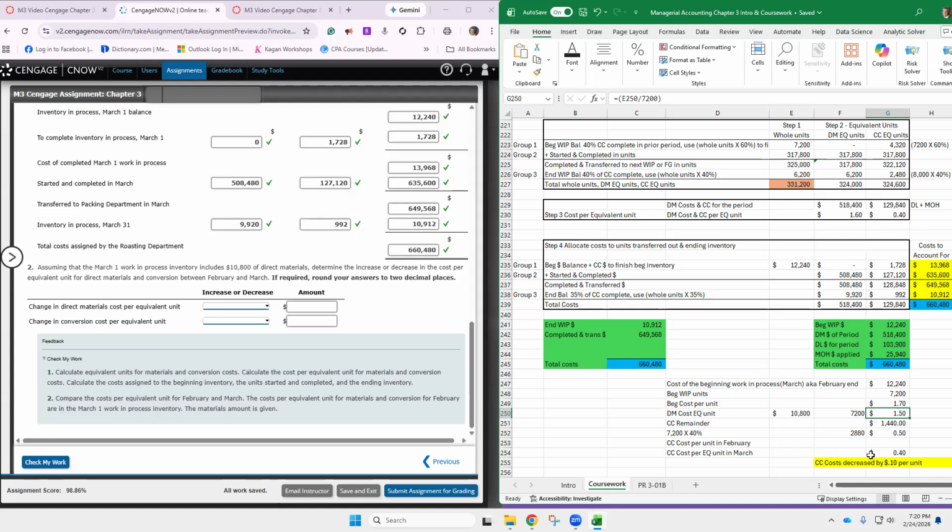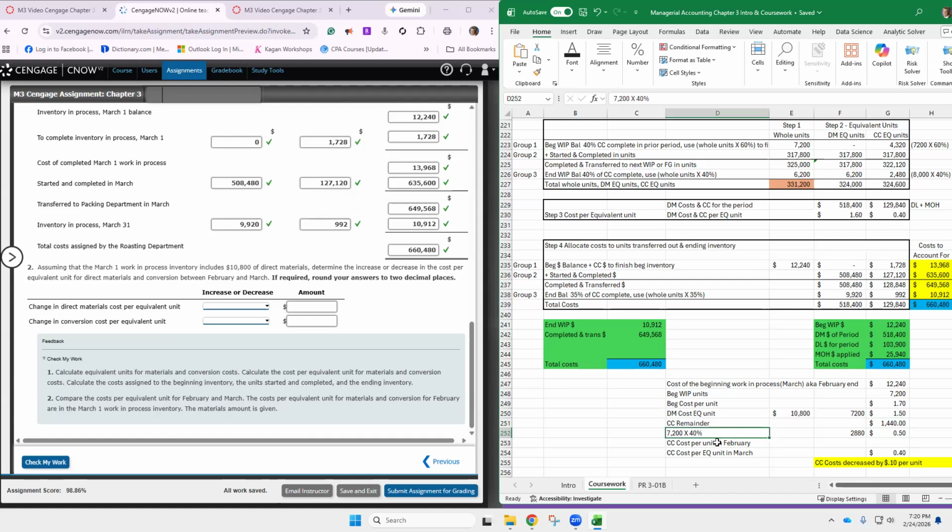So that's pulling that out. Then the remainder, if you add 10,800 and 1,440, you get your 12,240. So we have 1,440 remaining.